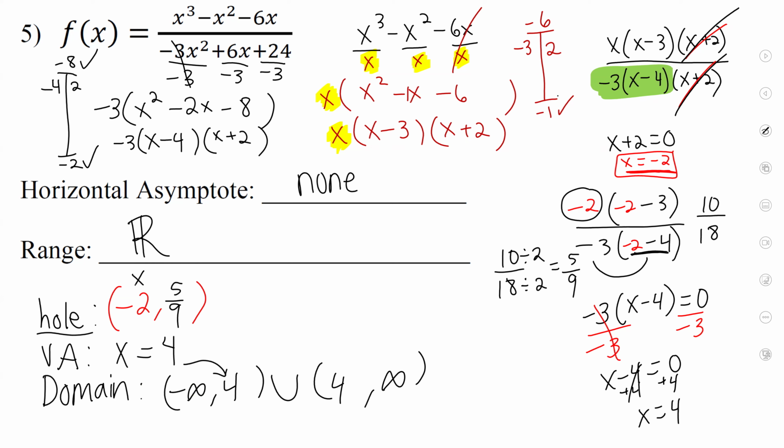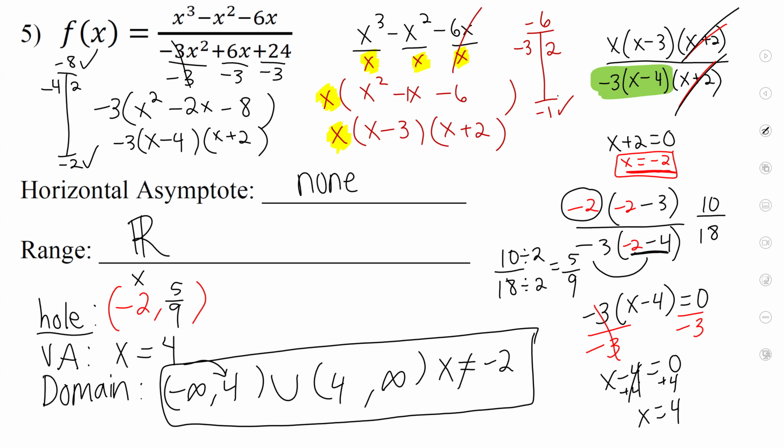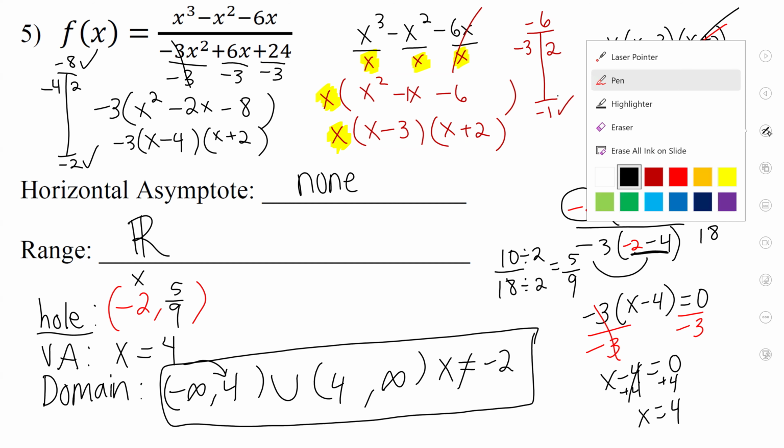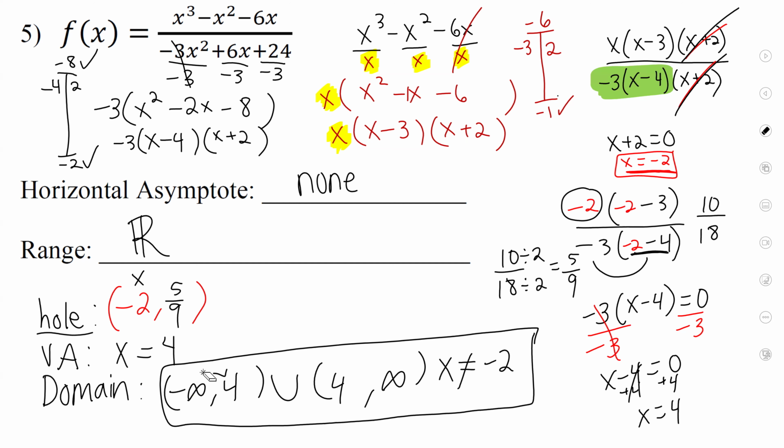The x value is -2. We cannot equal -2. So please include this in your domain. This is your entire answer for the domain. x can be anything between -infinity and 4. x can be anything bigger than 4 up to infinity, but it cannot equal -2.